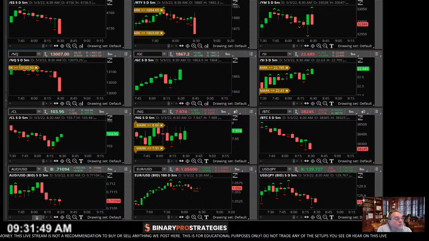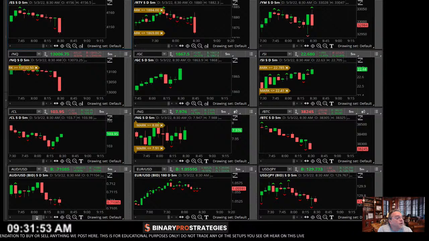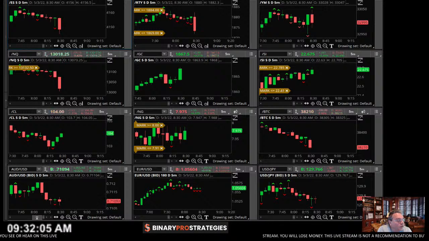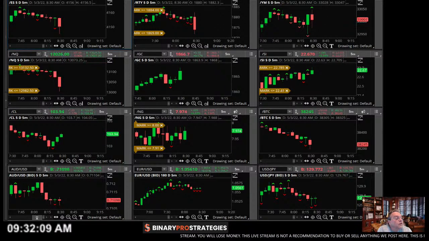Target on that mini NASDAQ is going to bring us down to, let's see here, 129.82 and a half. If we need to reverse, it's going to be 130.95.